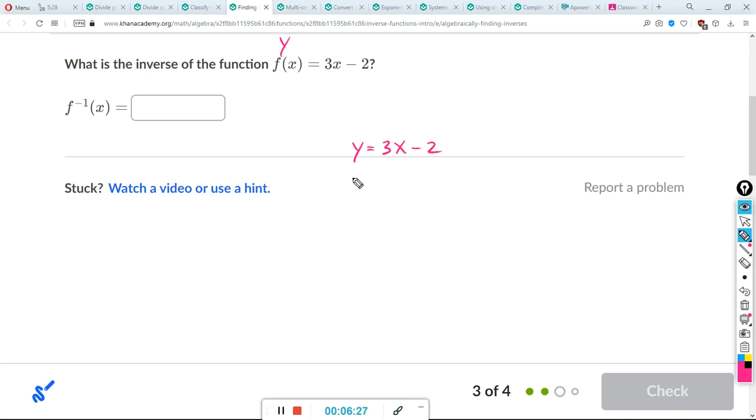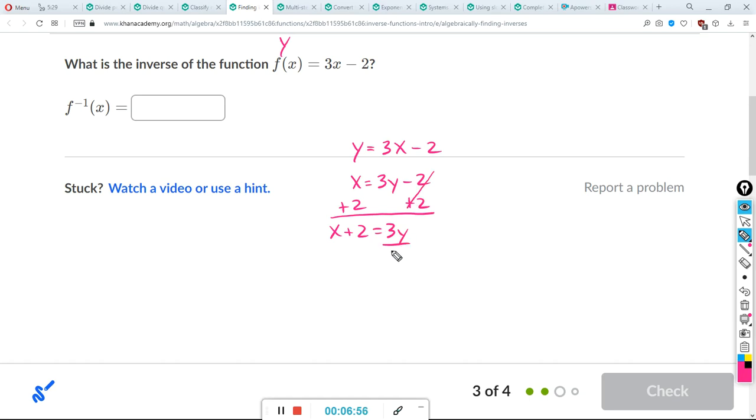So change the y to an x, change the x to a y, and we still have minus 2. Adding 2 to both sides, we have x plus 2. Bring down the equal sign. Bring down the 3y. And negative 2 plus 2 cancels.